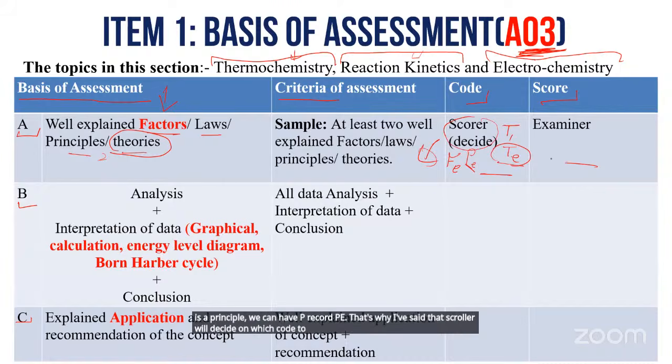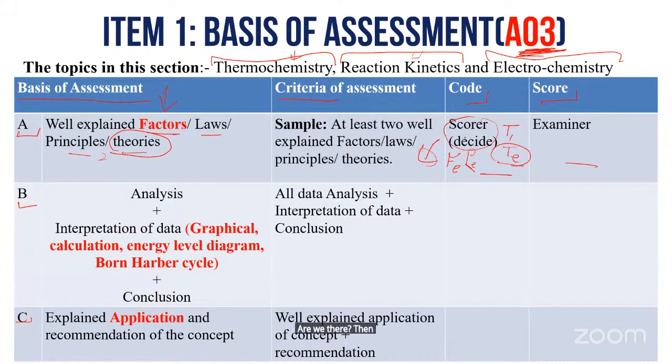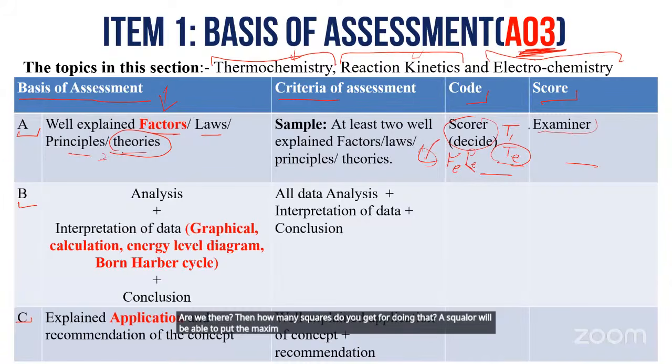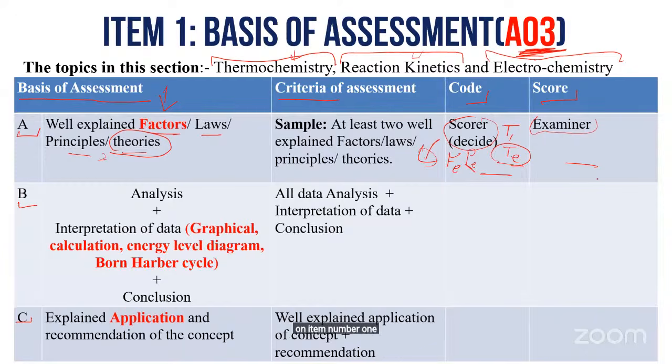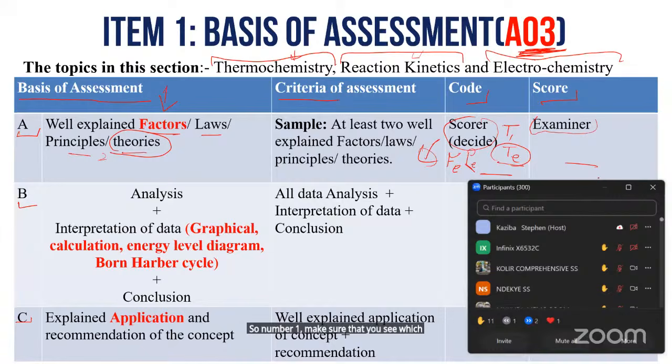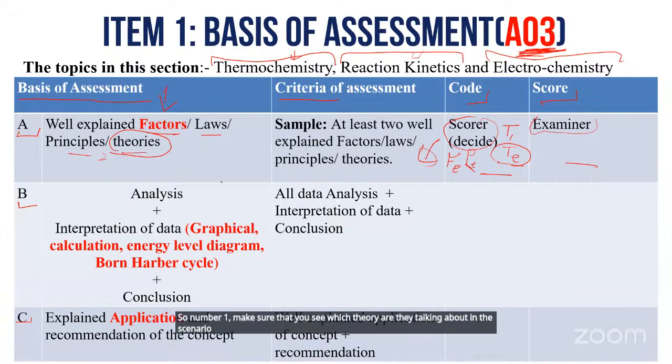Are we there? Then how many scores do you get for doing that? A scholar will be able to put the maximum scores that they are looking out for. But what I'm taking you through today is how you get the maximum score on item number 1. So make sure that you see which theory they are talking about in the scenario, which factors, or which principles or which laws.